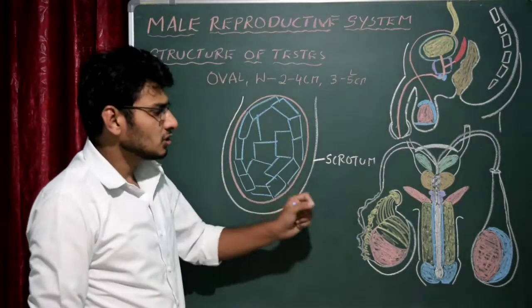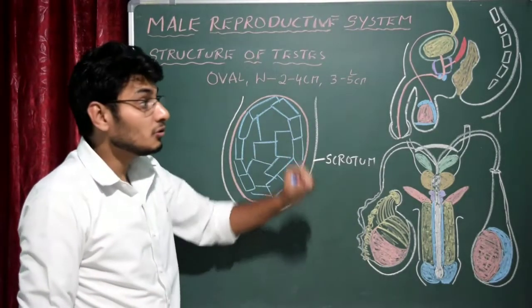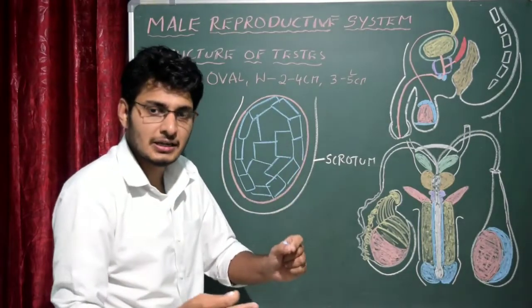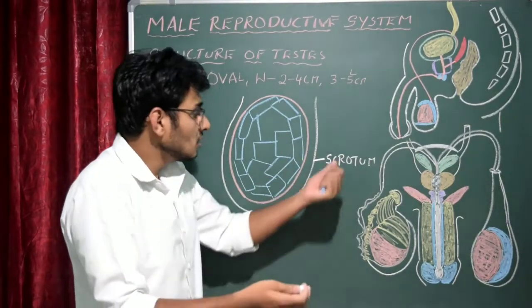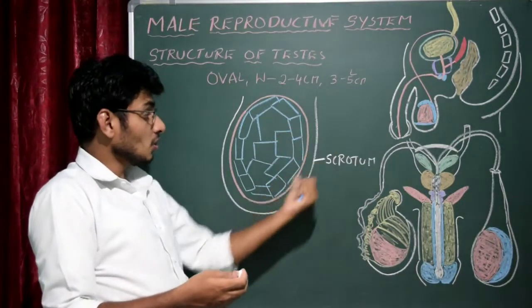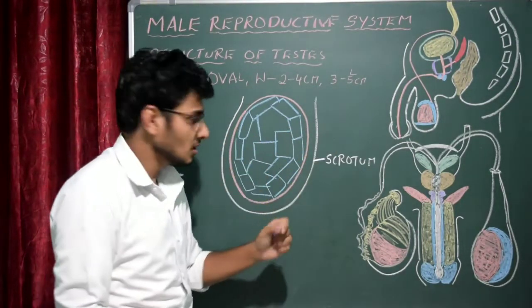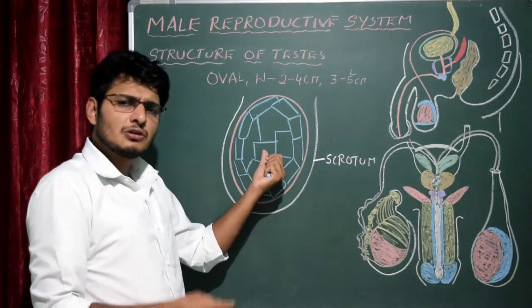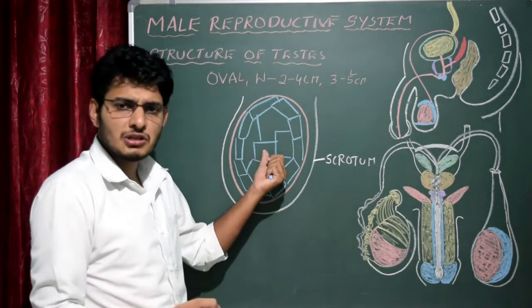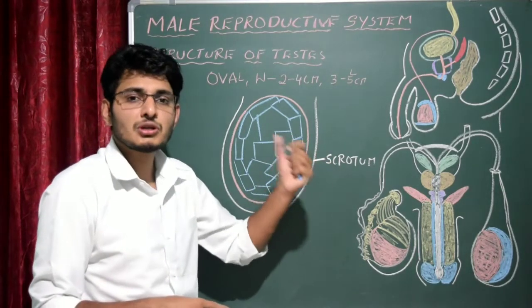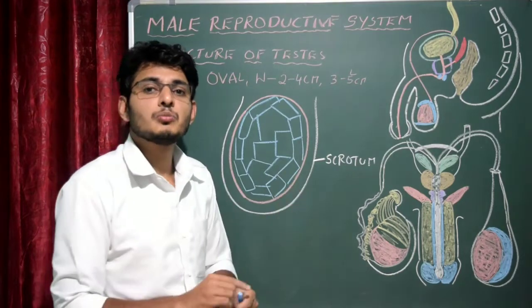What is the function of scrotum? As you know, the testes are present outside the abdominal cavity, outside the body actually. The scrotum contains a pair of testes, so it must have a function. As I said earlier, the testes are the site of spermatogenesis where sperms are produced, and one thing to note is that for the production of the sperm the temperature should be lowered.